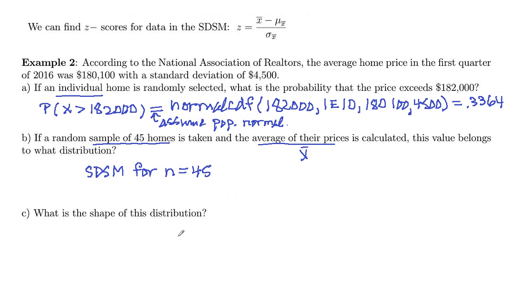What's going to be the shape of that distribution? Well, n, the sample size of 45, is greater than or equal to 30, and so by the central limit theorem, that implies that our distribution is approximately normal.